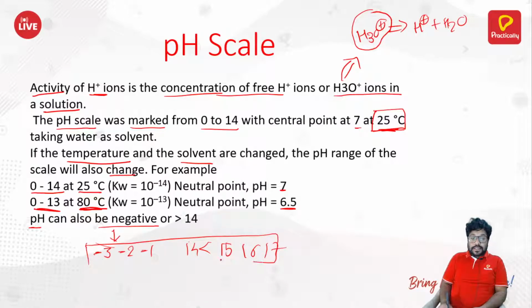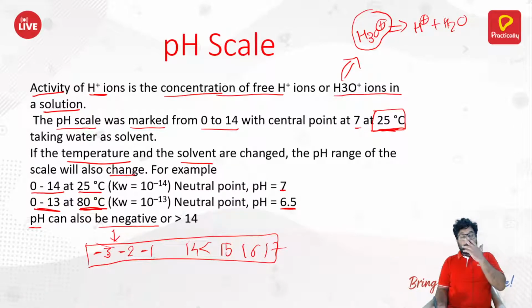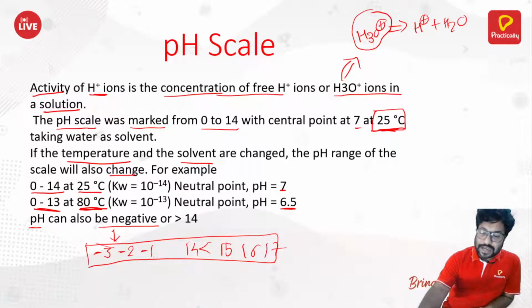So don't get into the mindset that pH exists only in that range. We have kept it in that range because it is convenient for us, and most of the chemicals we use in the laboratory, as far as 11th and 12th standards are concerned, have pH in that range only. But at the advanced level, pH might be negative, or it might be extremely positive. Okay, moving ahead with this now.